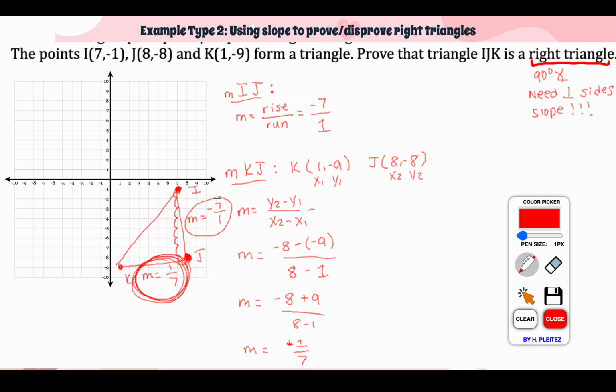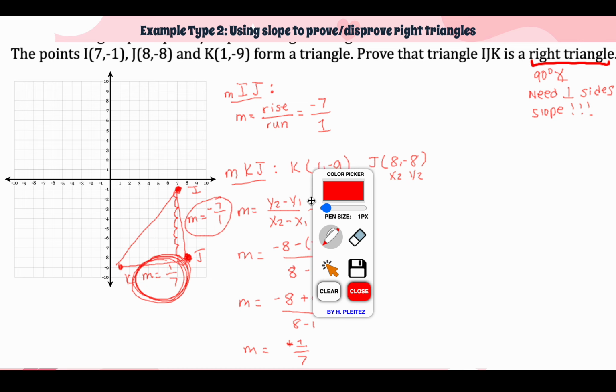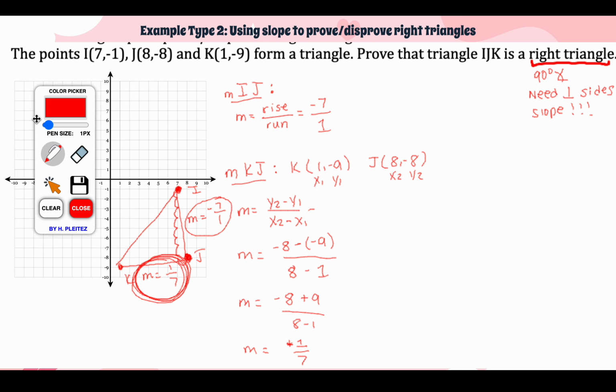And it turns out that these two are negative reciprocals of each other, which means that I would make little arrows and say, hey, slopes are negative reciprocals. So IJ is perpendicular to KJ.